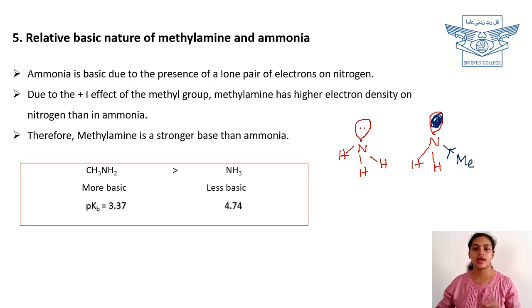In ammonia, there are 3 hydrogen atoms. Hydrogen has neither plus I nor minus I. So when it is attached to a methyl group, the electron density will be more in the lone pair of methylamine, because of the plus I effect of this methyl group. Therefore, methylamine will be more basic than ammonia.